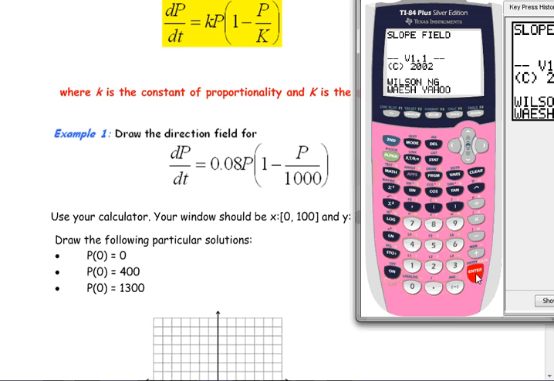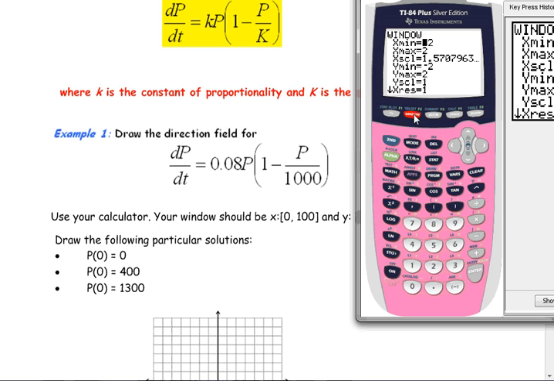I forgot to change my window. Okay, let's do the window. Oh, it's not going to let me do that. Okay, window. I want 0 to 100. Now, do you know that you can turn the tick marks off by putting a 0 there?